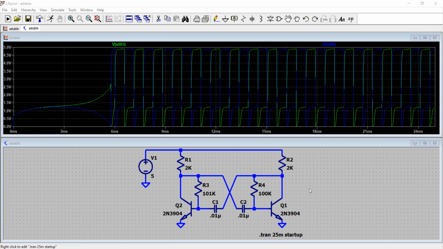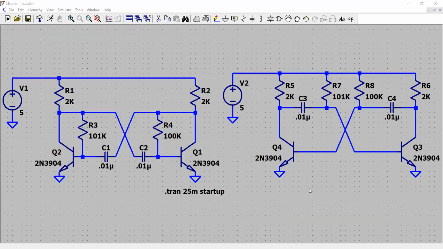Let me show you also some variations of the circuit. So let me show you an improved version or another version of the first circuit, that is, an astable multivibrator. So here is the improved version. Look at the difference between the circuit on the left side and the right side. You have the same capacitor and the resistor.